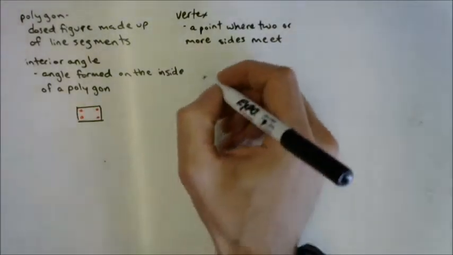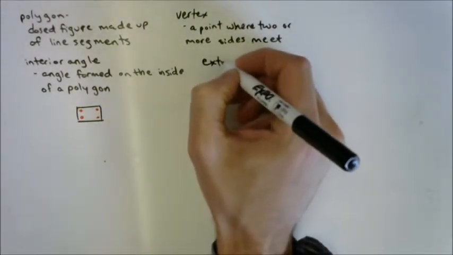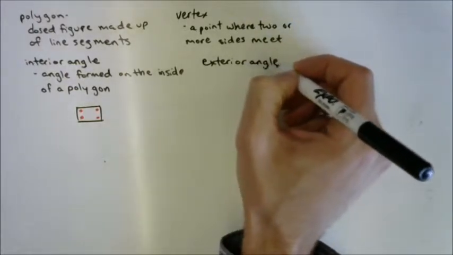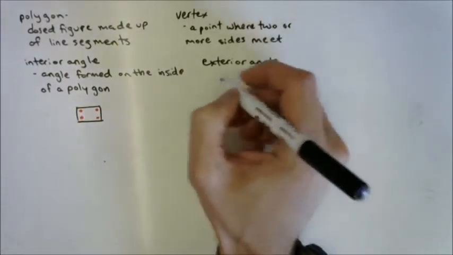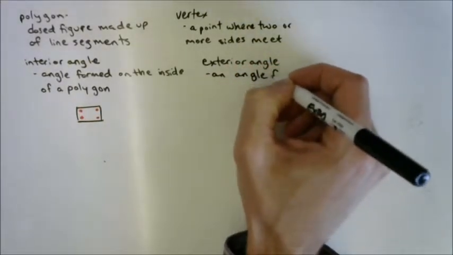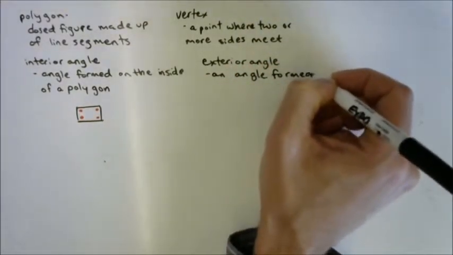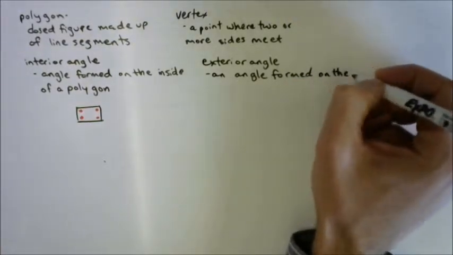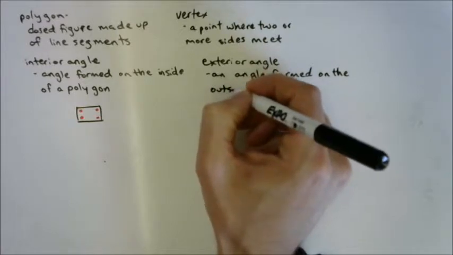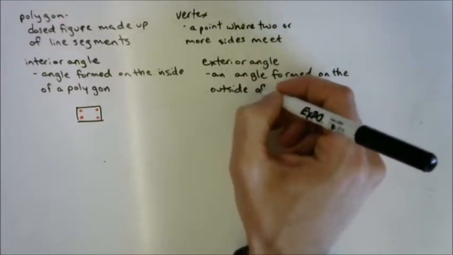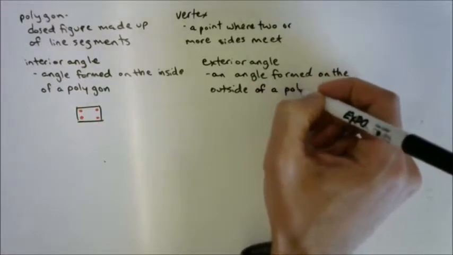Exterior angle. Exterior angle. This is an angle formed on the outside of a polygon.